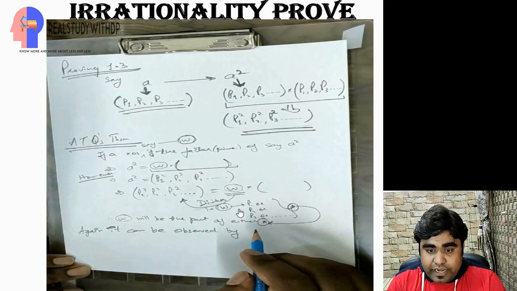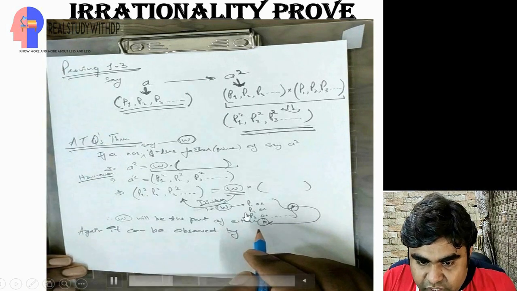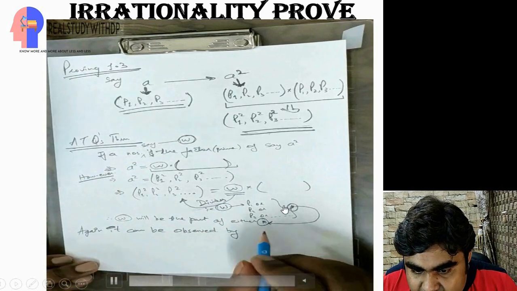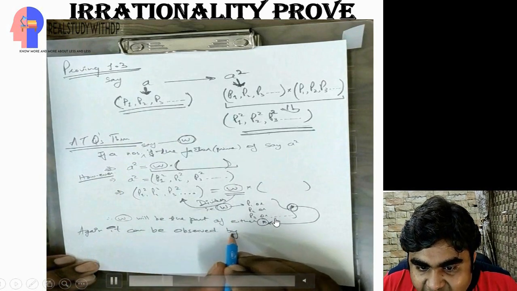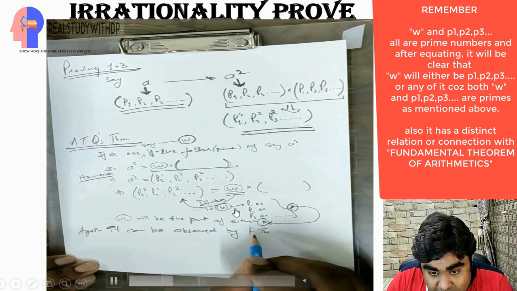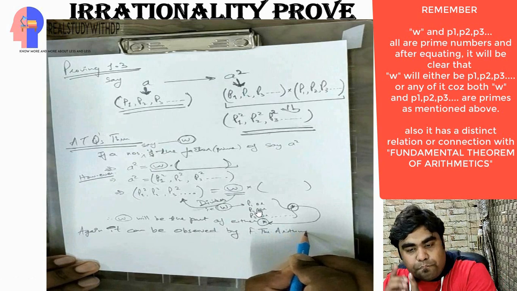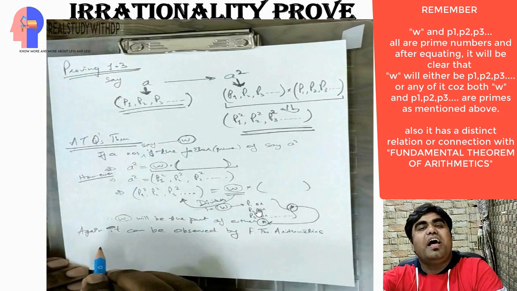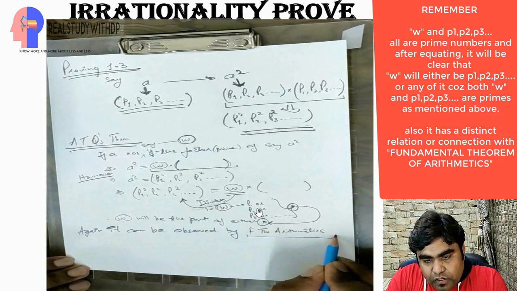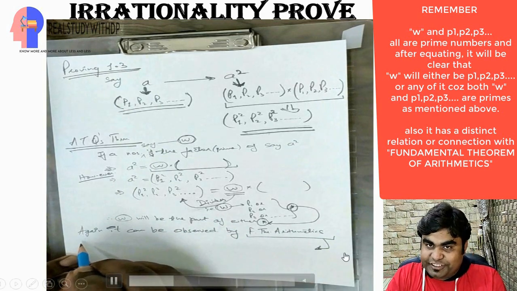We have mentioned now over here that w is a prime factor, and these p1, p2, p3 are all prime factors. So in order to equate these two equations, w must be either p1, p2 or p3. That means w will be equivalent to one of these prime factors.